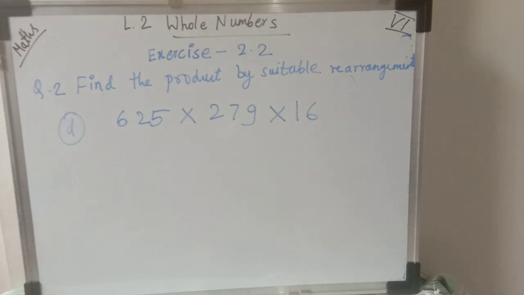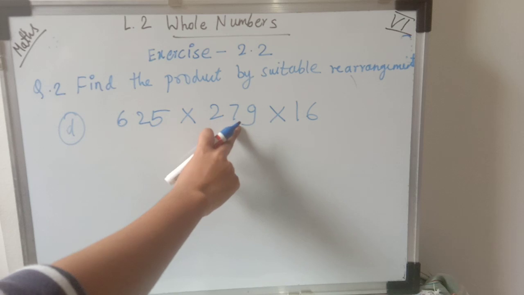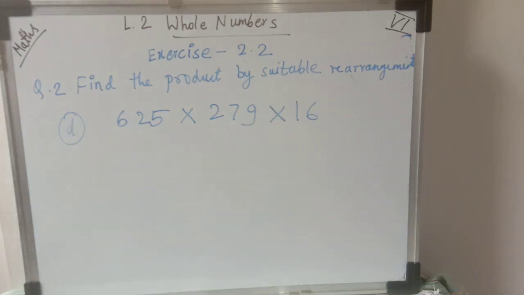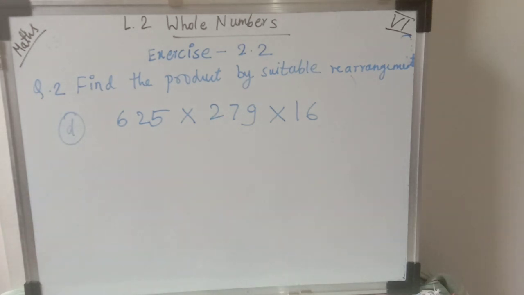Now D example is here, 625 multiplied by 279 multiplied by 16. Okay, again we have to see the last digit of each number, and we have to see where you will get the last digit 0. Those numbers we have to take first for the multiplication.